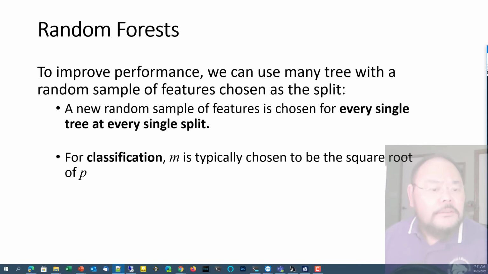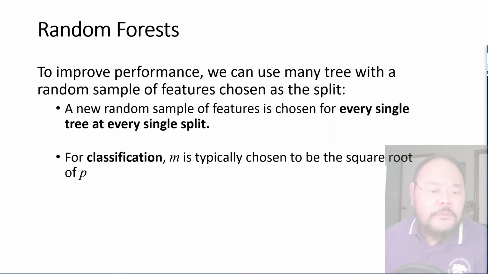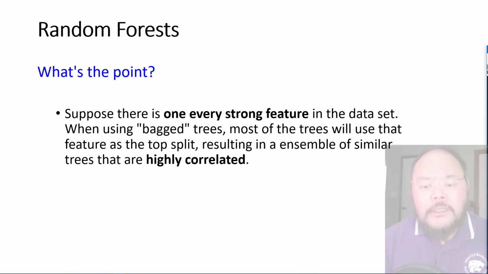Okay, so what is the point of this? Suppose there is one very strong feature in our data set. When using traditional bagged trees, most of the trees will use this strong feature as the top split, and the resulting ensemble of similar trees is highly correlated, so the variance may not be reduced.